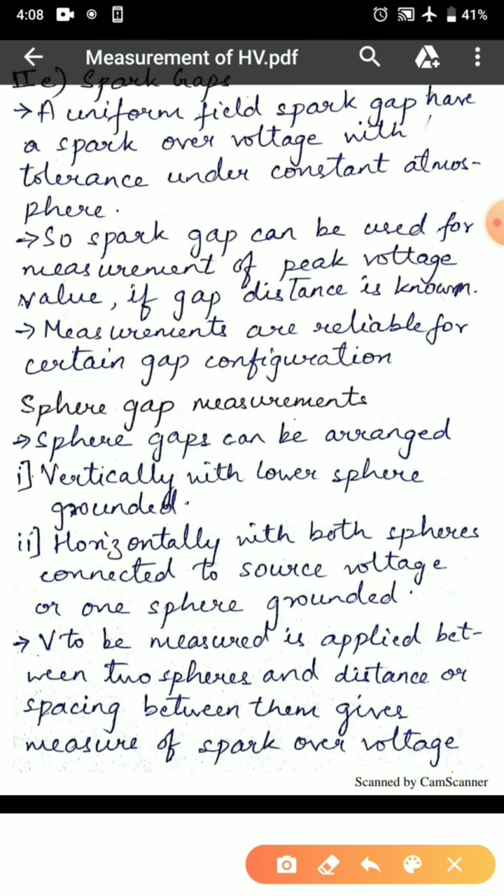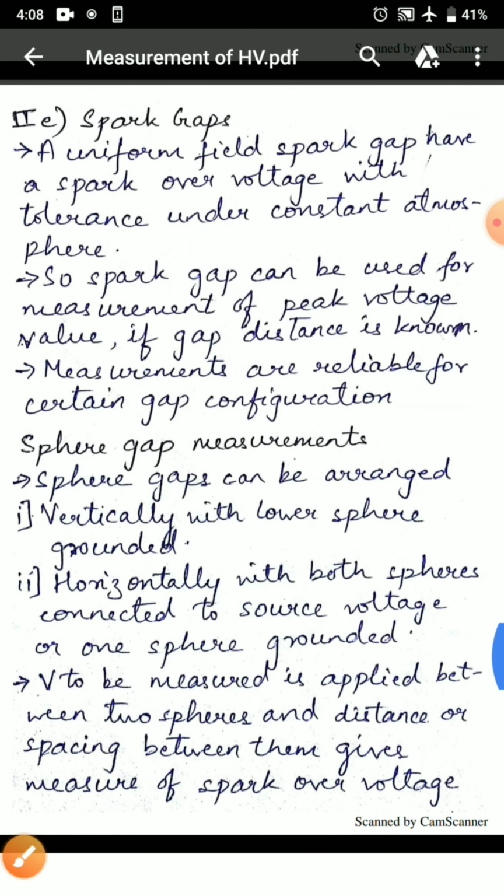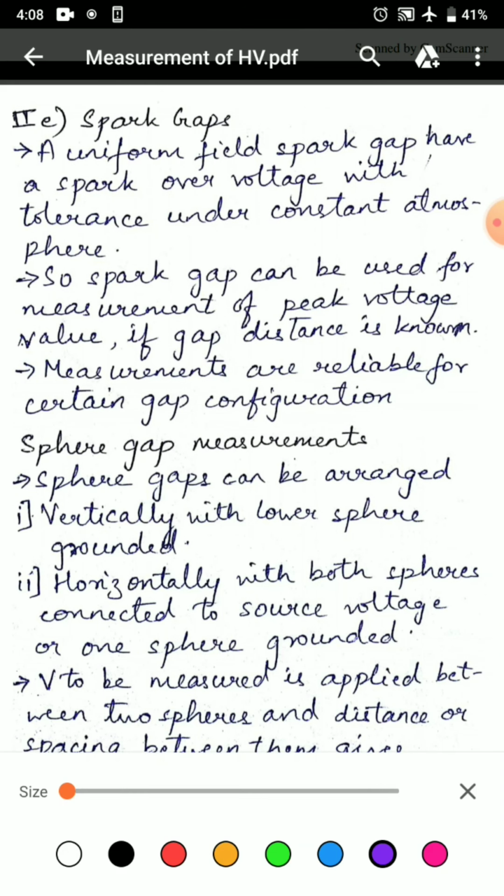The next type of measuring high voltage with power frequency is spark gaps or sphere gaps. It is a uniform field spark gap having a spark over voltage with a tolerance under constant atmosphere. So a spark gap can be used for measurement of peak voltage value if the gap distance is known.